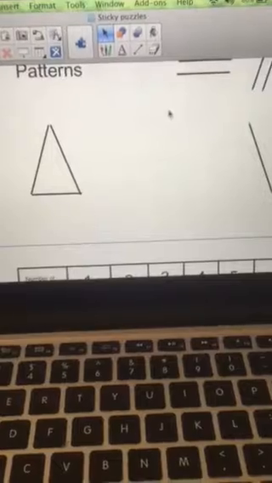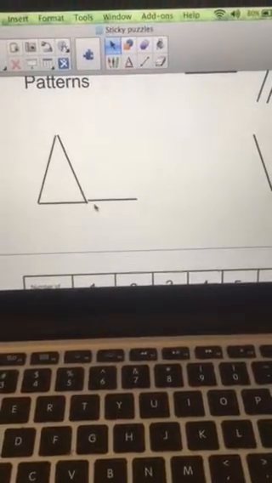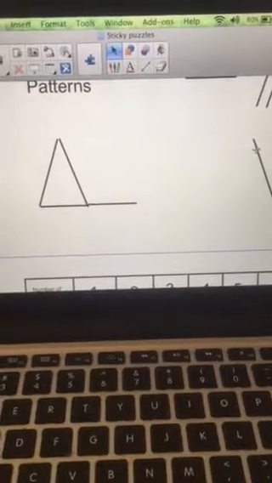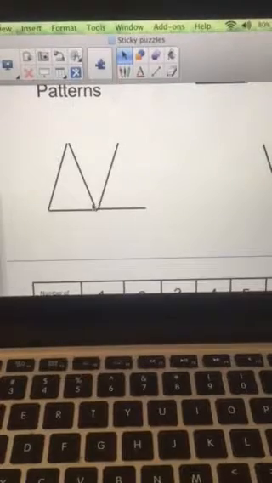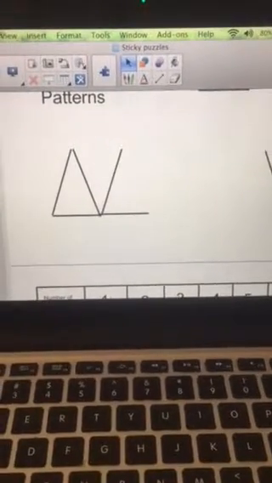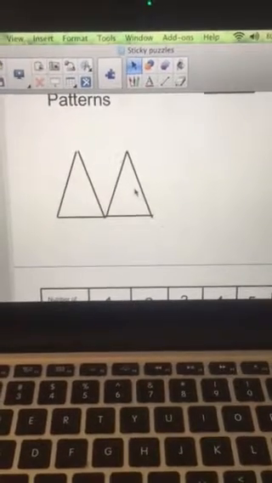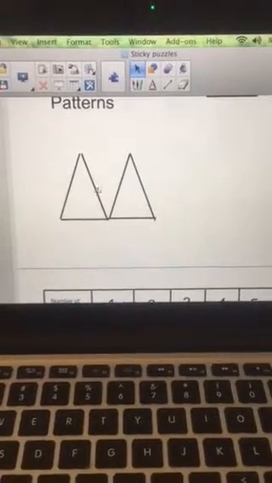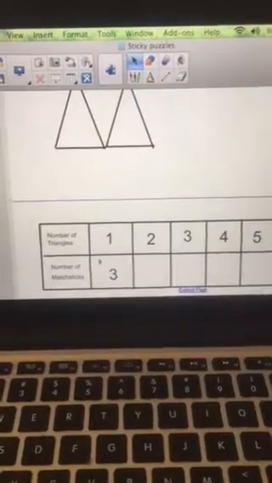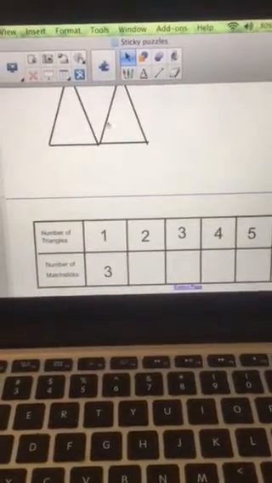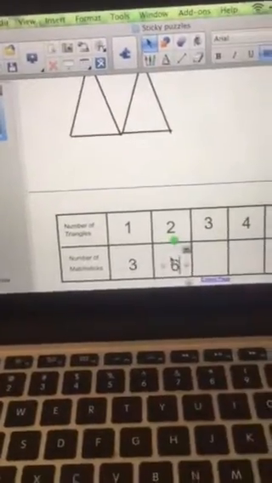So with this one, I'm going to add 1, 2, 3 more matches. So I've got 1, 2, 3, 4, 5, 6 matches. My number of matches, I've got 2 triangles, and the number of matches is 6.